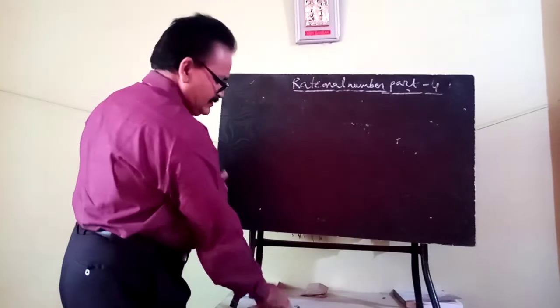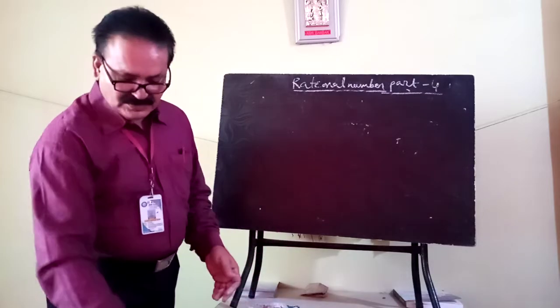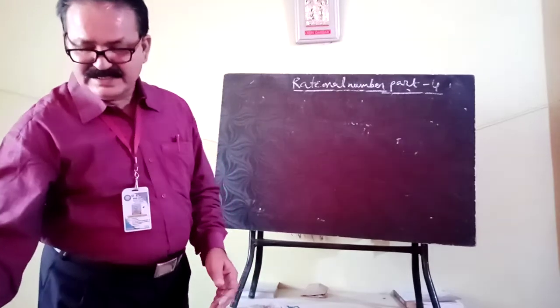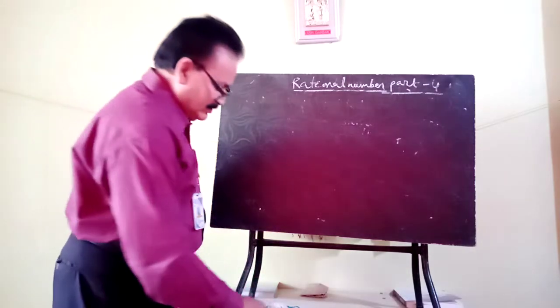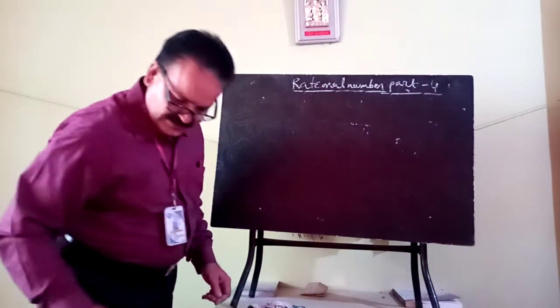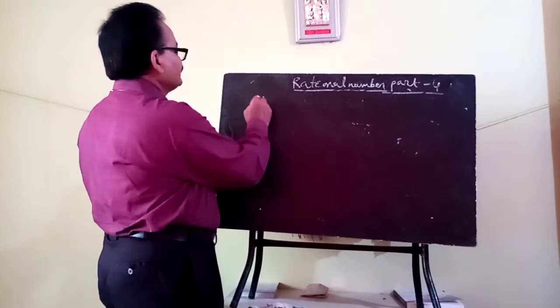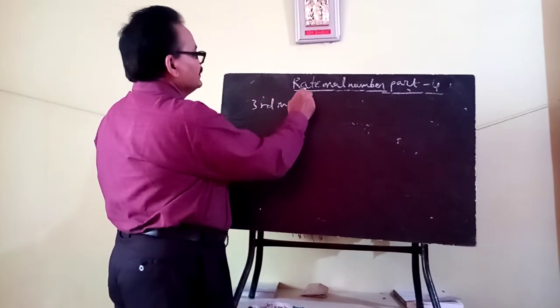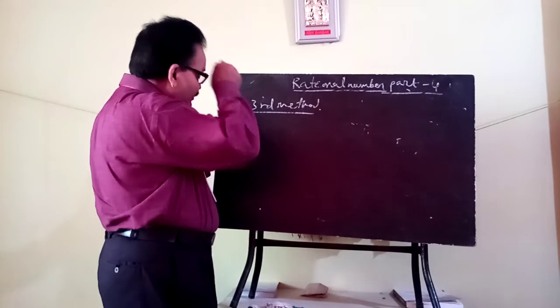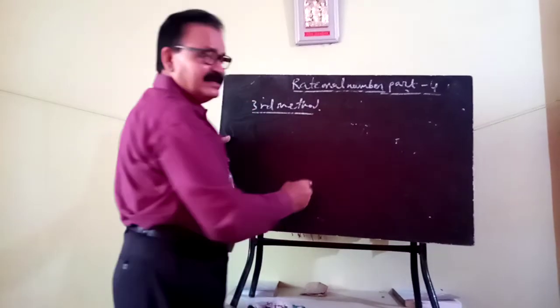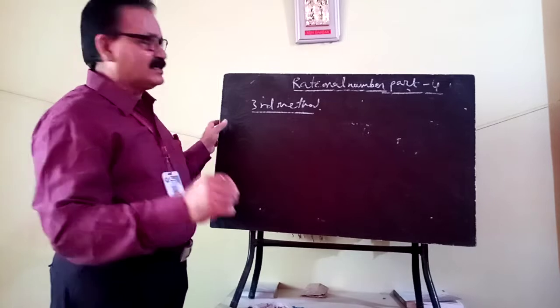That you can say, suppose your given rational is your third method, by finding the difference between the given rationals.